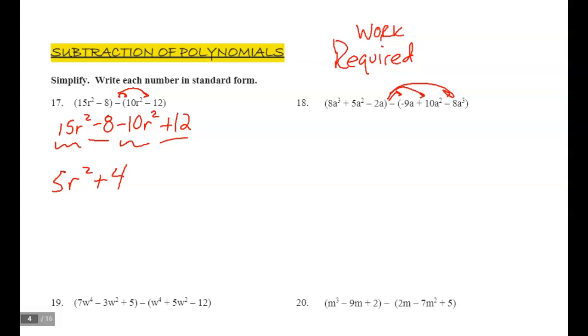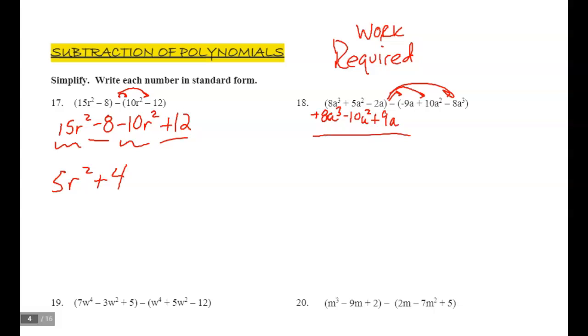So if I subtract negative 8a cubed, that actually becomes a positive 8a cubed. And then I'm subtracting 10a squared, so that just becomes subtract 10a squared. And then subtract a negative 9. So if I subtract a negative, that becomes a positive. So I have positive 9a.